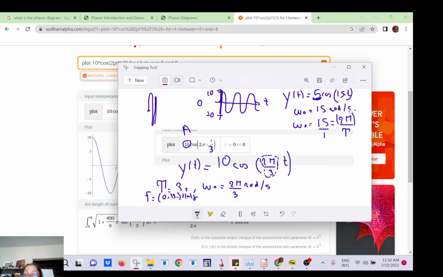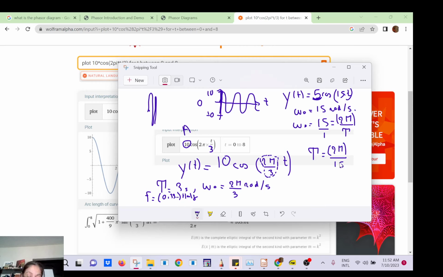The unit is rad per second, so you cross multiply and the period will be 2 pi divided by 15. The period is 0.4 second.